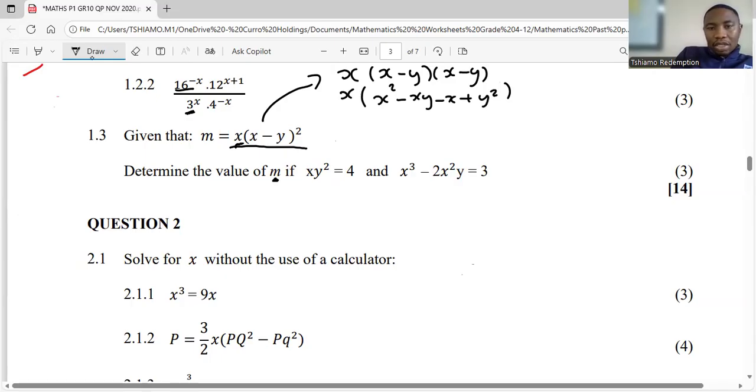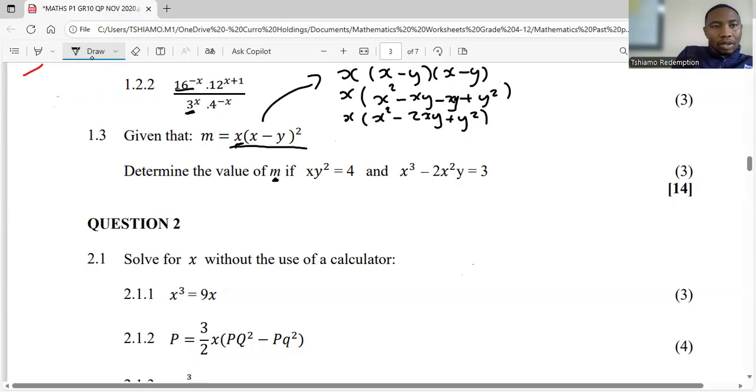Now let's multiply in with the x. Here I should have an xy also, because I'll multiply this 2. So I'm going to have x squared minus 2xy plus y squared.